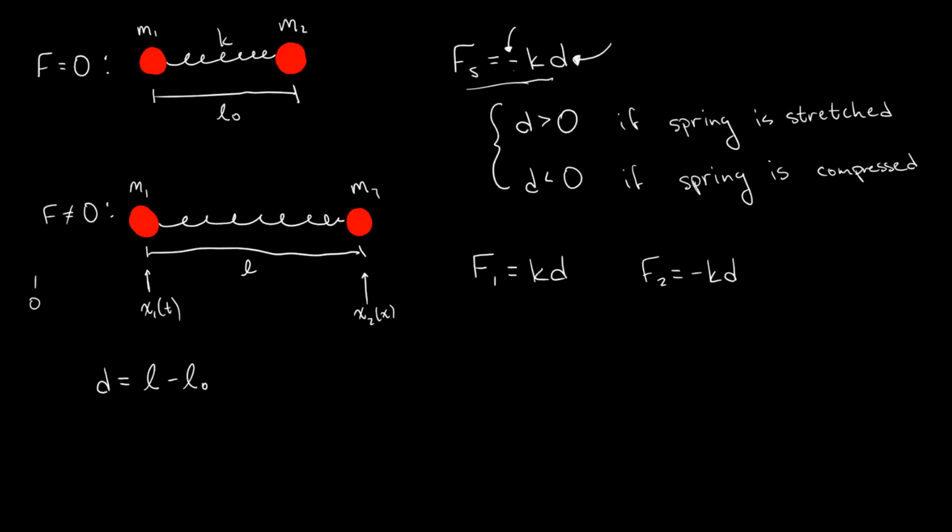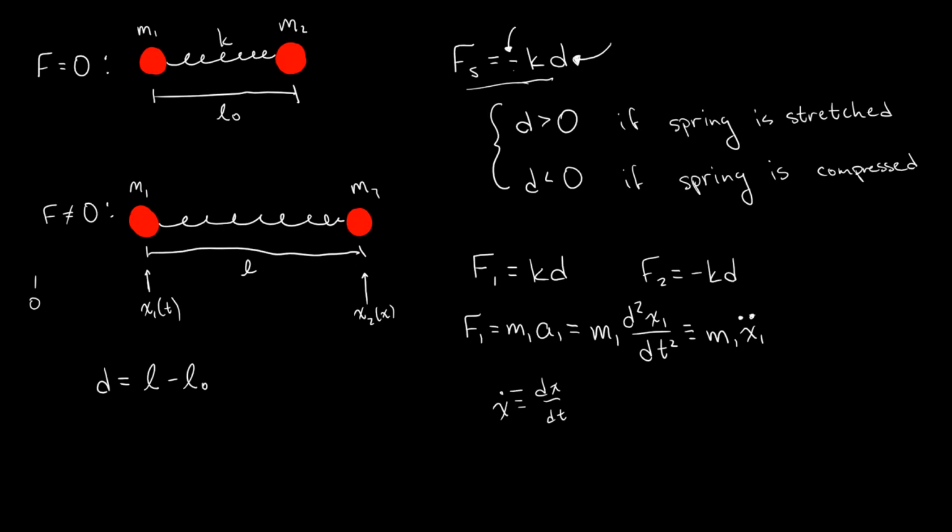I know that the force is going to be equal to the mass times the acceleration, so the force on 1 is mass 1 times the acceleration of 1, which we know is the second time derivative of the position. And just for the sake of brevity, I'm going to write time derivatives using dots. So x dot is just dx dt.